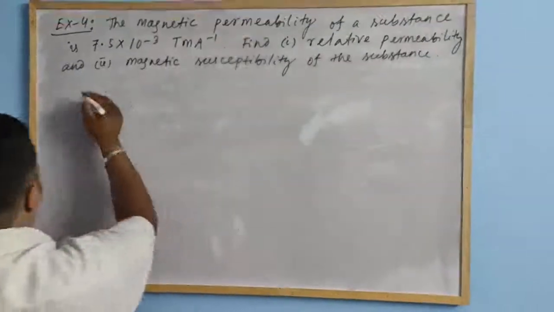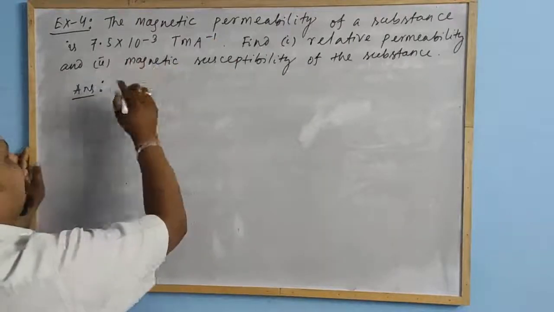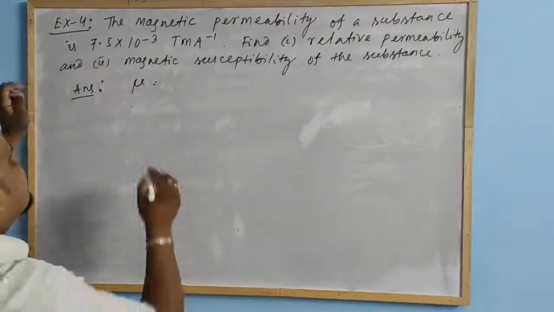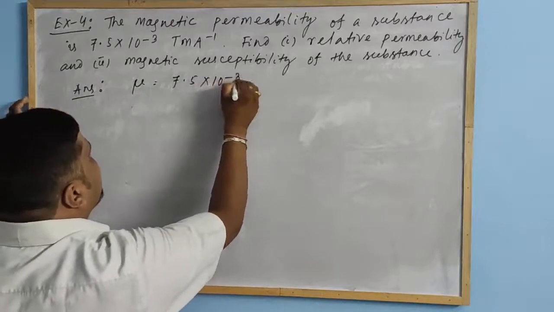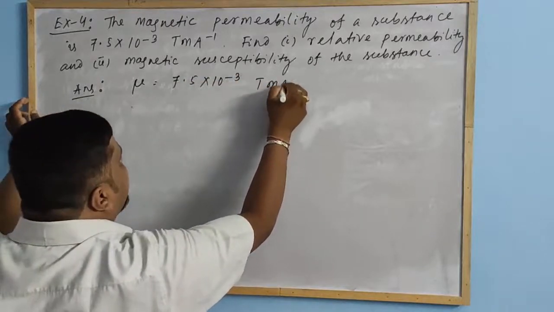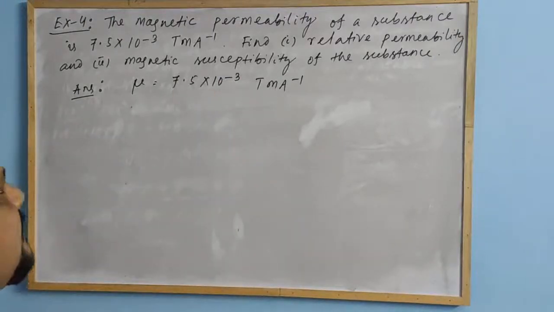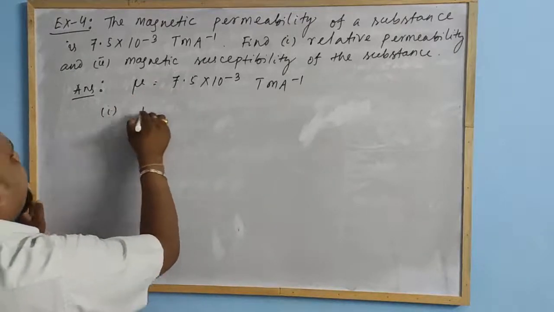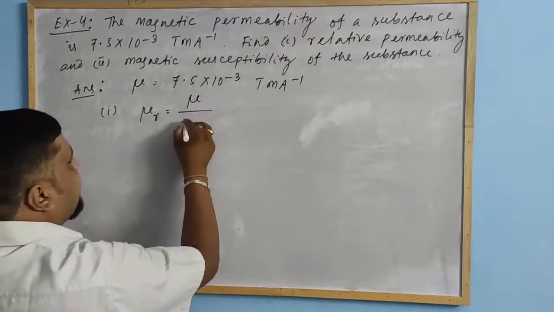Let me write here what is given. The permeability of the substance, generally we take this as mu. So mu is given as 7.5 into 10 to the power minus 3 Tesla meter ampere inverse. This is the unit of permeability. Find the relative permeability. To know the relative permeability, what is the formula? Relative permeability mu r is equal to mu by mu naught.